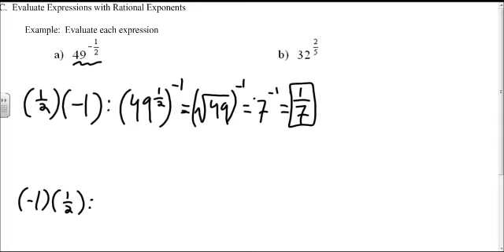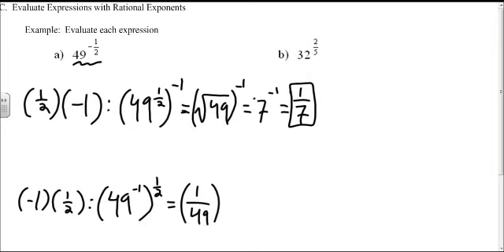Now similarly, if we recognized -1/2 as -1 times 1/2, we would have to rewrite it as 49 to the negative 1 to the 1/2, in which case we would first find a reciprocal, so 1 over 49 to the 1/2.